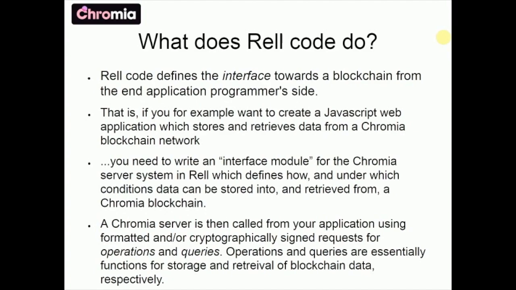So if you want to create a web application that stores and retrieves data from a Chromia blockchain network, then you would need to write an interface module for the Chromia system in RELL. And that interface module would define how and under which conditions you can store and retrieve data from the Chromia blockchain.